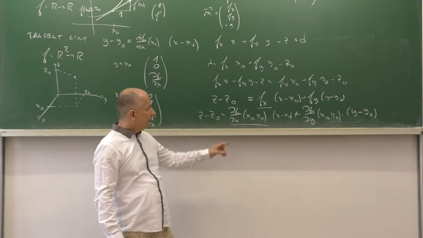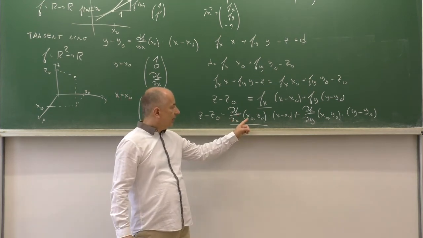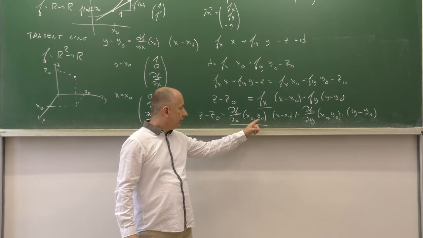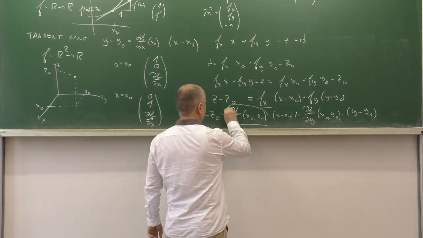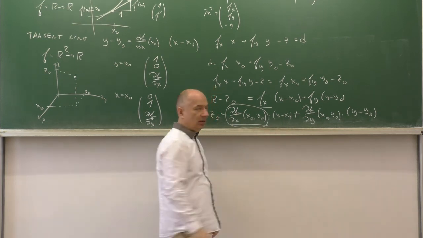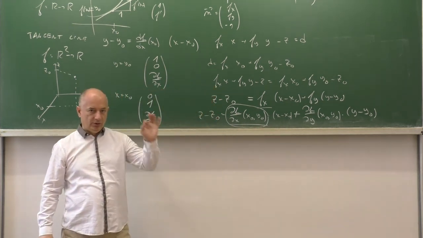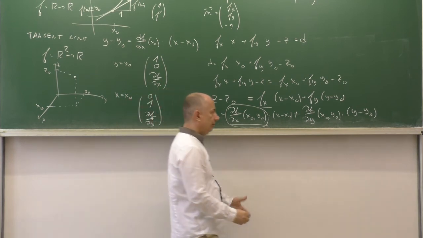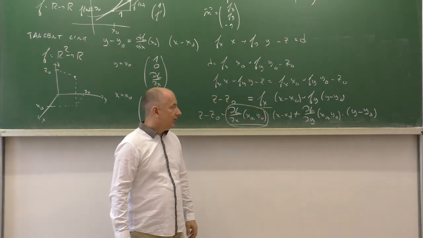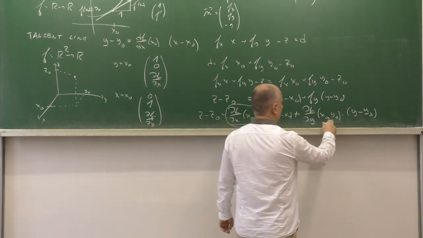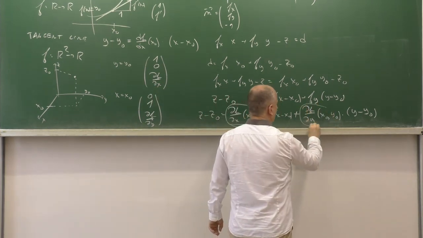It is very important that this derivative is evaluated at this particular fixed point. So all this, although it looks terrible, is just a number, just a constant. And similarly, the partial derivative of f with respect to y is evaluated at the point of tangency. So this is again a number.